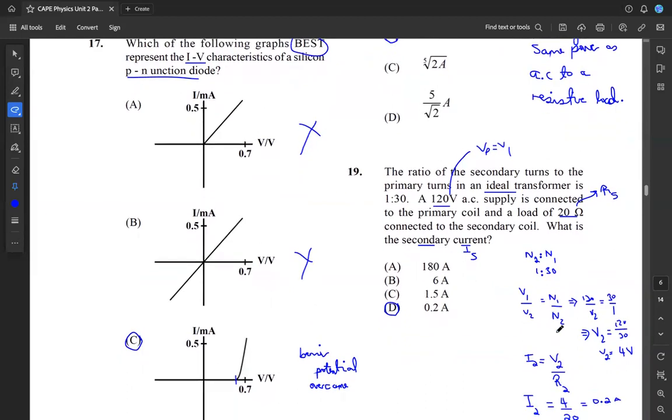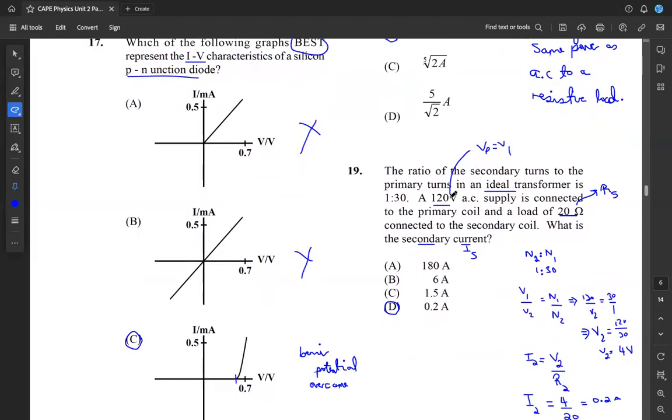One that we can pull on immediately, since we have a voltage here, is that V1 over V2 is equal to N1 over N2. N1 is our primary coil, and N2 is our secondary coil. V2 is our secondary voltage, and V1 is our primary voltage. The voltage of the primary coil is 120 volts, so we can put that here. The voltage of our secondary coil we don't know, so that's an unknown.